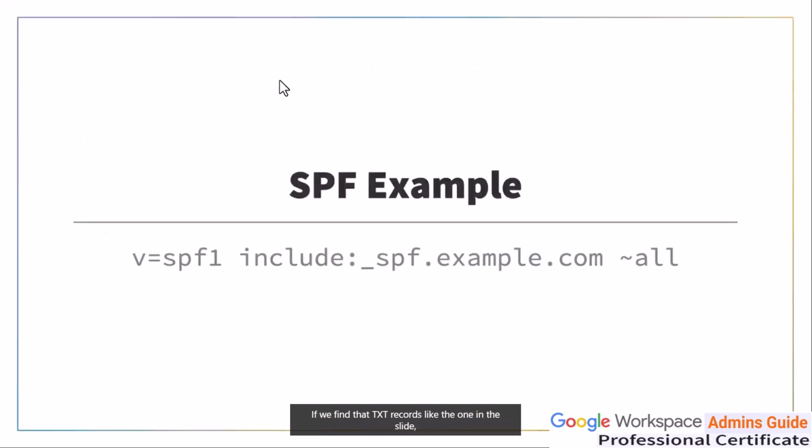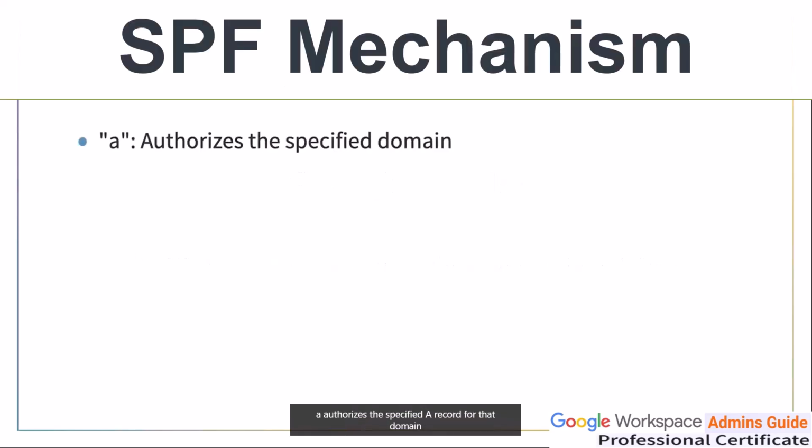Let's make an example. We find TXT records like the one in the slide, which means that the only server allowed to send email on behalf of the domain, whatever it is, most probably example.com, is _spf. The A parameter authorizes the specified record for that domain to be an authorized sender for that specific domain.